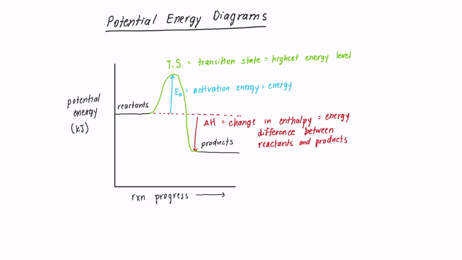And this is the energy needed to reach the transition state. We need this minimum amount of energy for the reaction to even happen. So these are the different parts of a potential energy diagram. The difference between the reactant and transition state is called the activation energy, and the difference between the reactants and the products is the change in enthalpy.